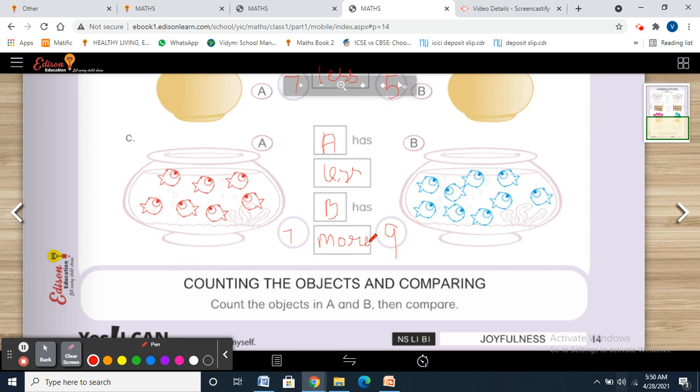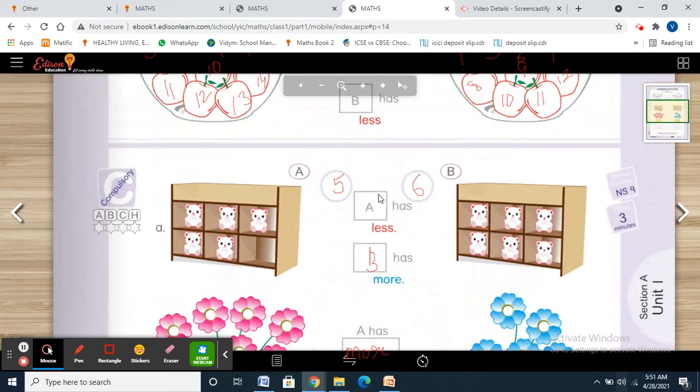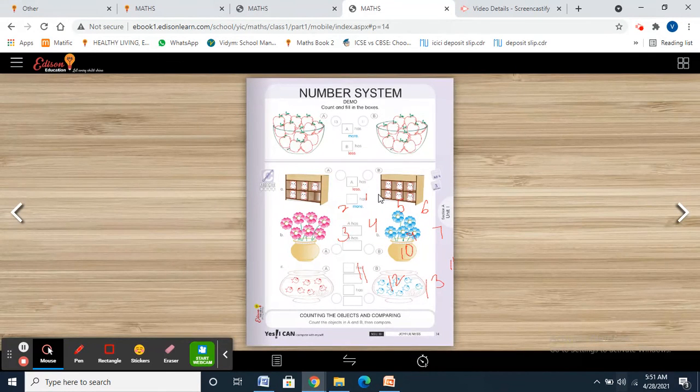We are comparing the numbers. We are comparing part A with part B. So A has less, B has more. In this particular manner, you're going to complete your module 9.